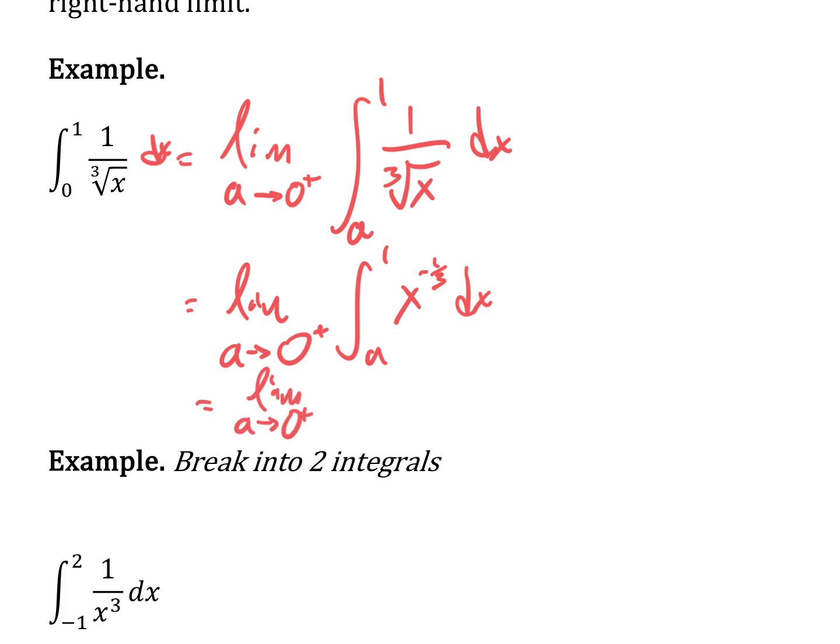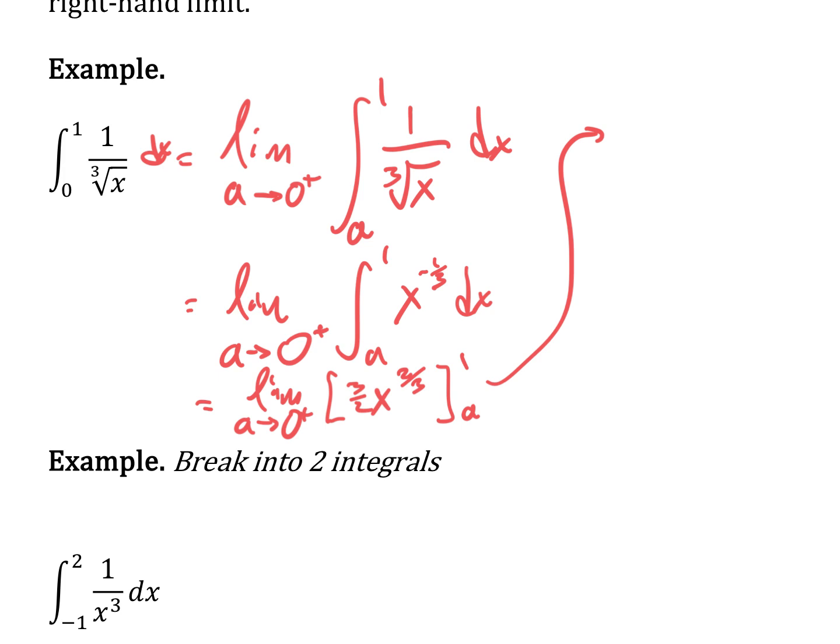And so we can do that integral, right? Let's add 1 to the negative 1/3. That's what we do for integrals. So we have x to the 2/3 and divide by 2/3, or times 3/2, and we're evaluating that from a to 1.